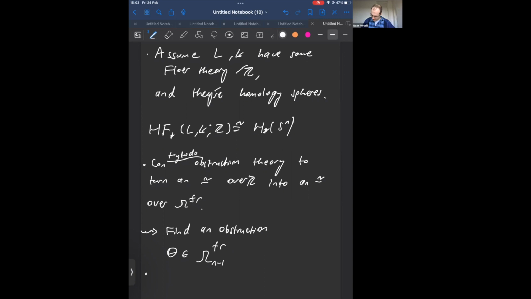A question: both for this theta and for the other one, to what extent are they unique, or is the construction natural? Construction of theta? I think it's well defined up to sign, and so the same for the other theta. Yeah, for both. This is a fact that any spectrum with the homology of Sn is of this form. Right, but it could be of that form for two different thetas.